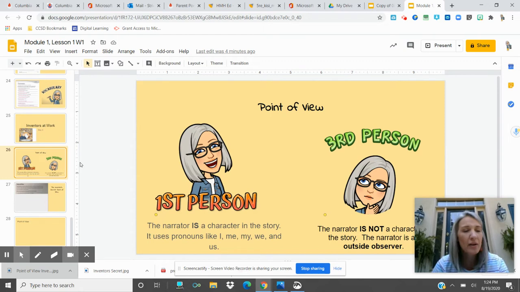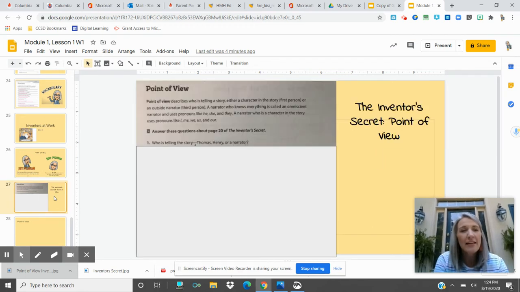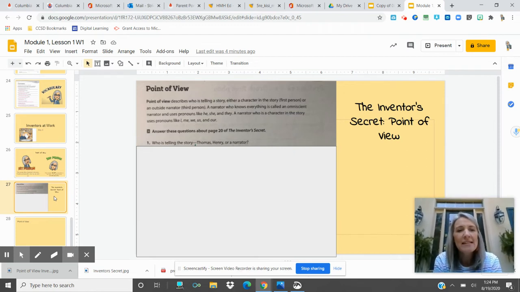So let's think about our text yesterday that we read together, The Inventor's Secret, about Thomas Edison and Henry Ford. And let's do this activity together. So right now, I want you to put this sheet in front of you. This is the point of view sheet. And it says, point of view describes who is telling a story, either a character in the story, first person, or an outside narrator or outside observer, third person.